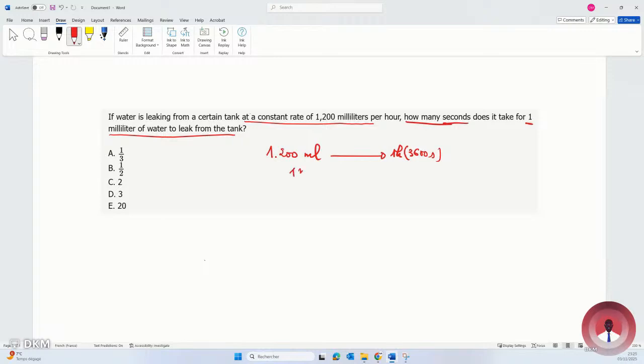So now we will say 1 milliliter is going to give us X. So we're going to find the value in seconds. X is going to be equal to this: we're going to multiply 1 milliliter by 3,600 seconds, and since 1,200 milliliters is on the other side, it's going to come down here.